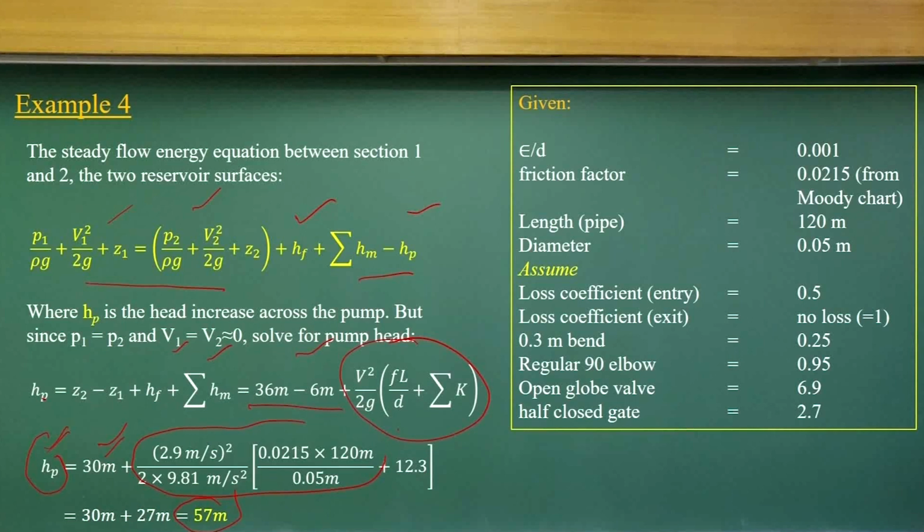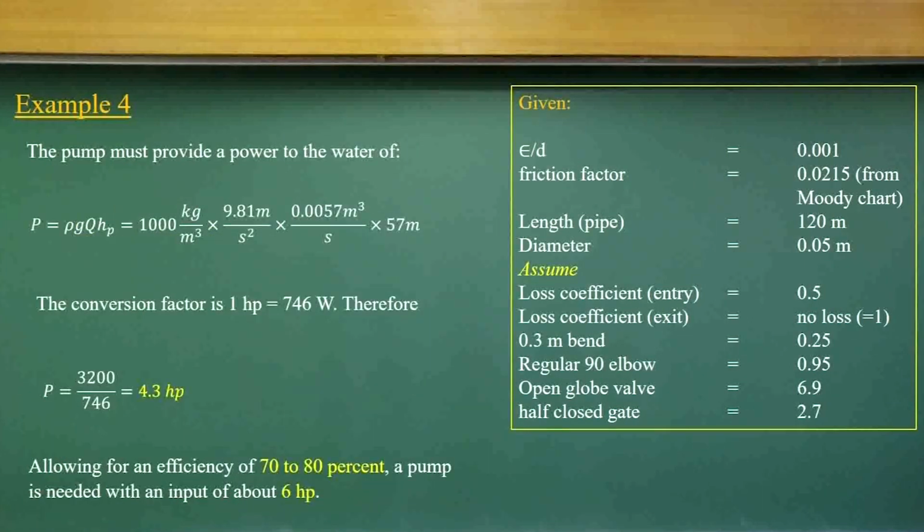So, for lifting 57 meters, how much power do we require? It is very simple for us to compute: rho g Q H_p. So you know the power requirement to lift this much mass of the flow, rho and Q, that is the weight flux, into H_p, which gives us the power.